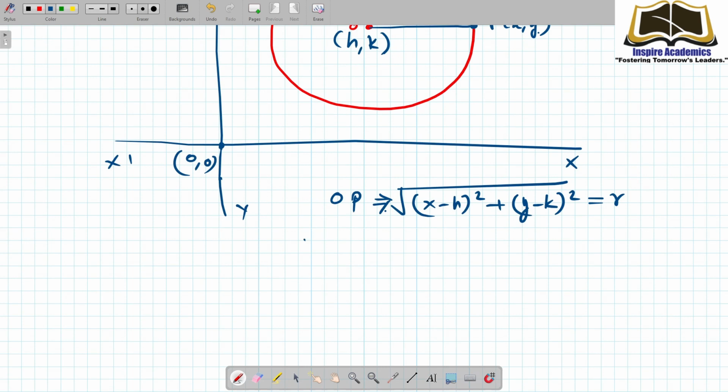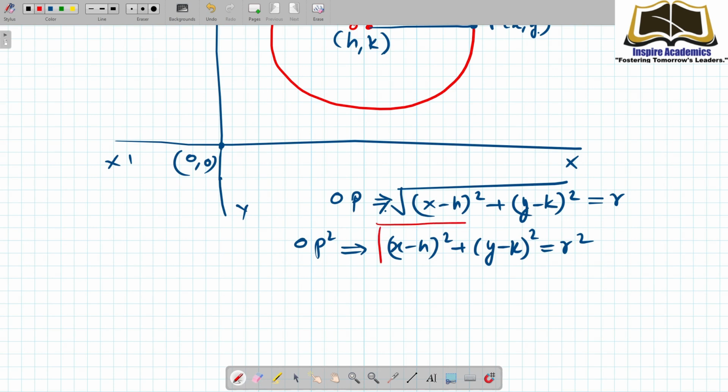So if we do OP square, that should be x minus h whole square plus y minus k whole square equal to r square. We can take this as equation of a circle whose radius is r and its center is h comma k.